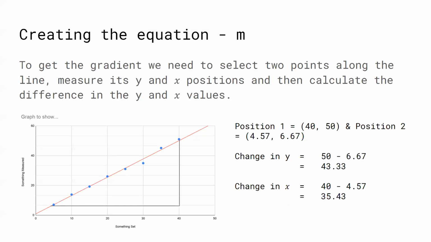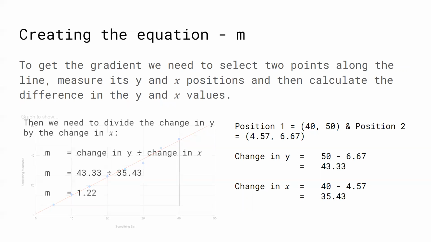My change in y then is 50 minus 6.67, which is 43.33. And my change in x is 40 minus 4.57, which is 35.43. Once I've got those two values, what I need to do is to divide the change in y by the change in x. So 43.33 divided by 35.43, which is just 1.22.